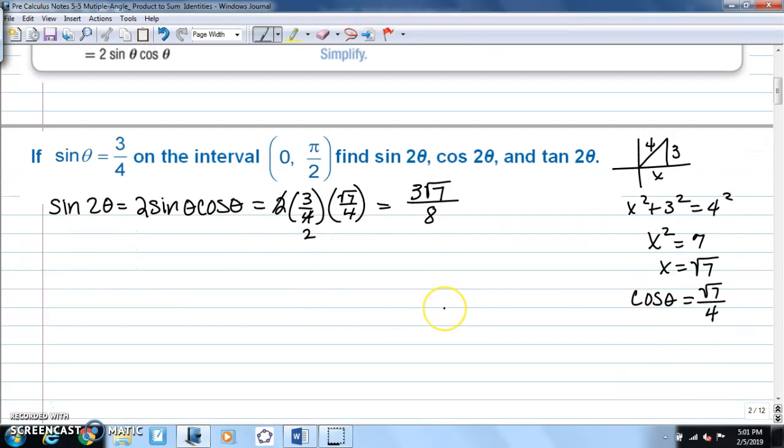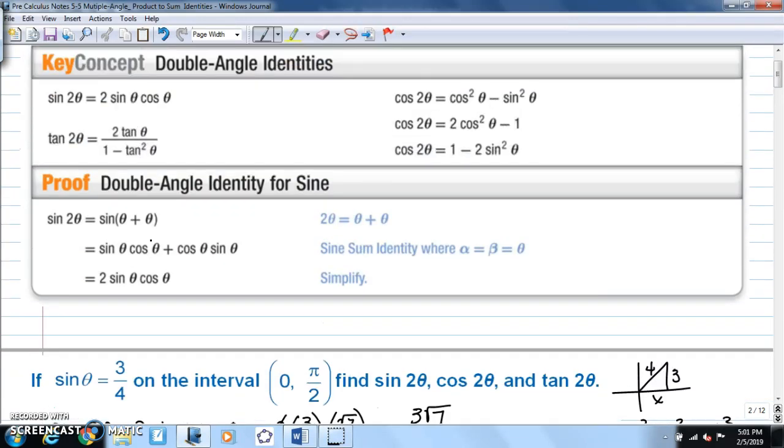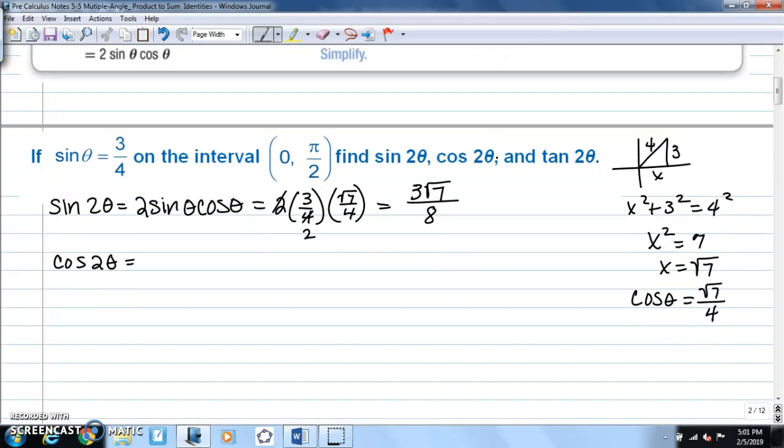Okay, let's do cosine of 2 theta. Cosine of 2 theta, and again, I can use whichever one of these I want to. Doesn't matter which one. Well, I already have sine, and it doesn't have a square root in it, so I might want to use this one, 1 minus 2 sine squared. So let's use that. 1 minus 2 sine squared theta.